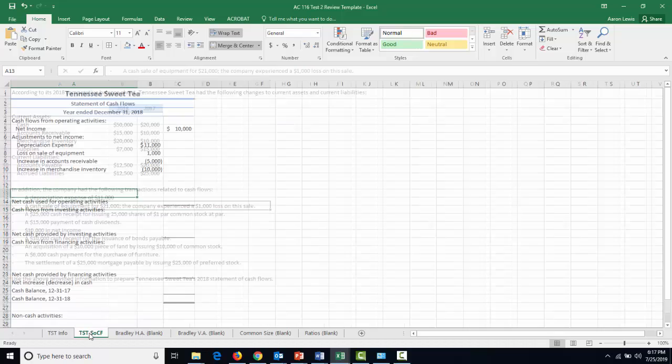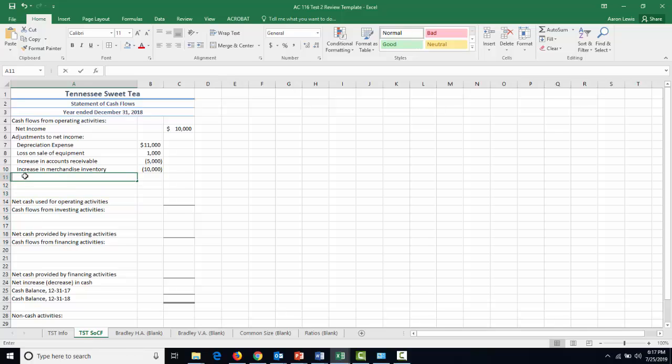So we're going to have, in this line right here, a decrease in supplies, and our decrease in supplies was for $8,000, and it's going to increase our cash flow by $8,000. So we're through our current assets, and we get to move on to our current liabilities.